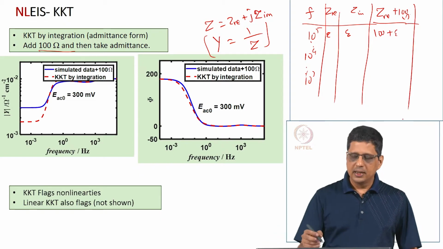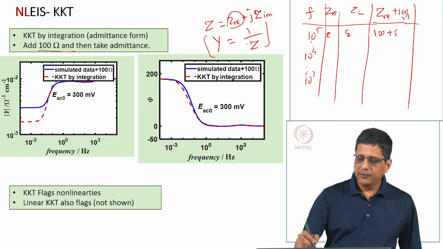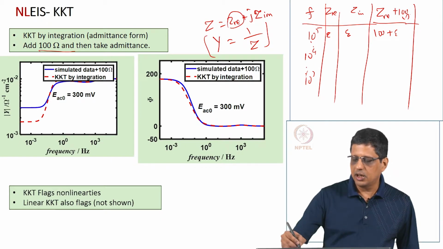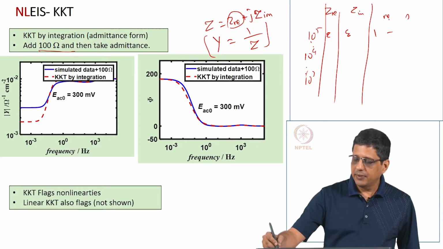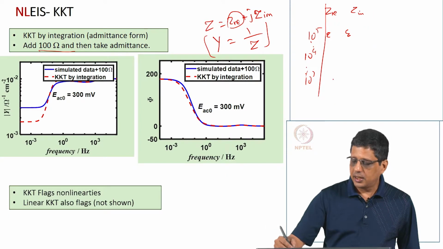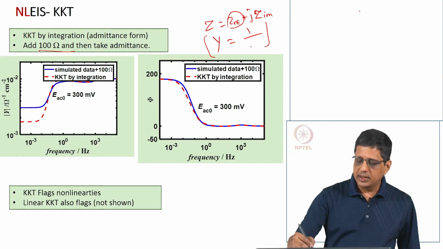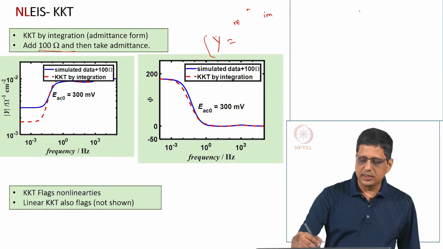Now, if I take this and substitute here and find the inverse, that is going to be a finite number, it is not going to be extremely large. So, essentially I take the data, add 100 ohms to that, and then take the admittance form and process it.